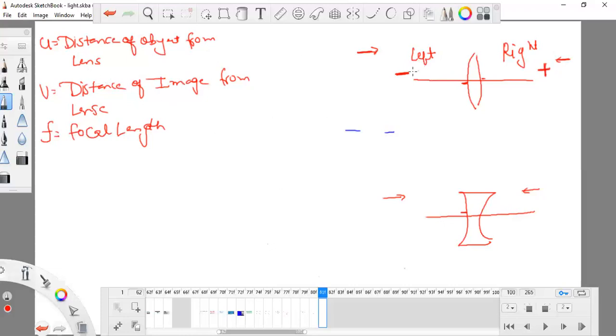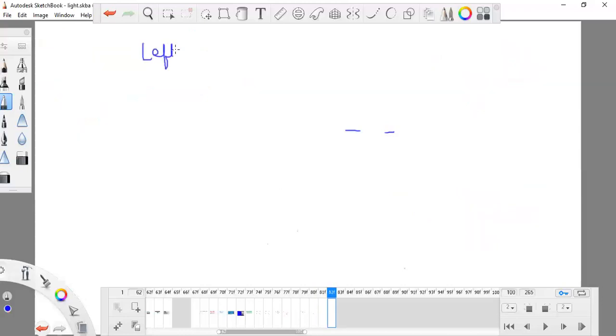The object can be at this side or at this side, because this is a lens. So the left side always goes with minus and the right side goes with plus, first of all.